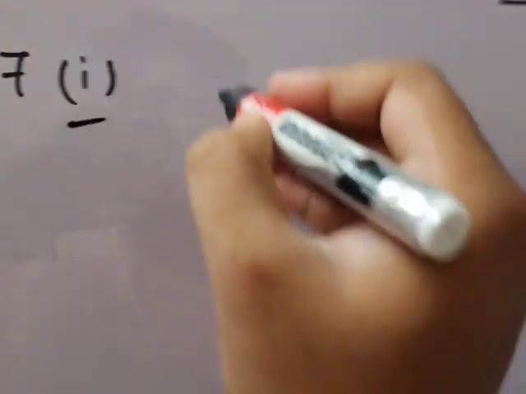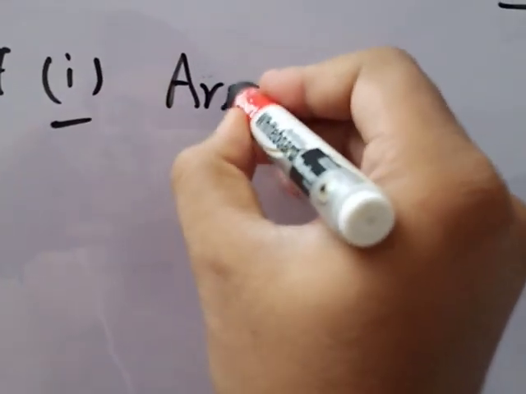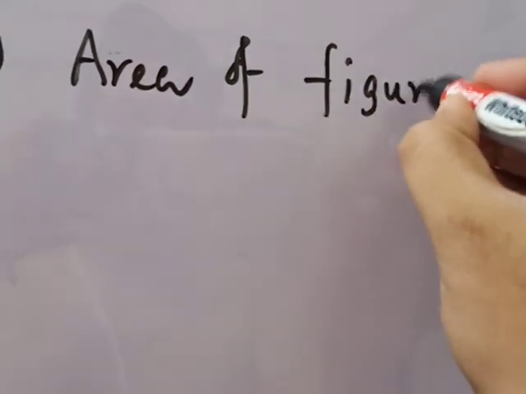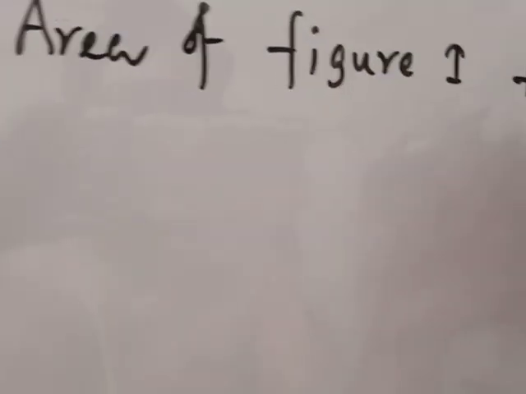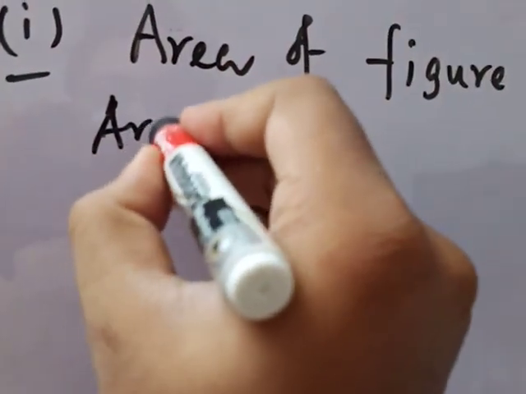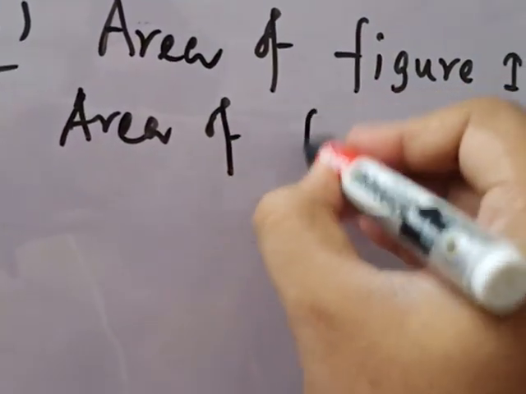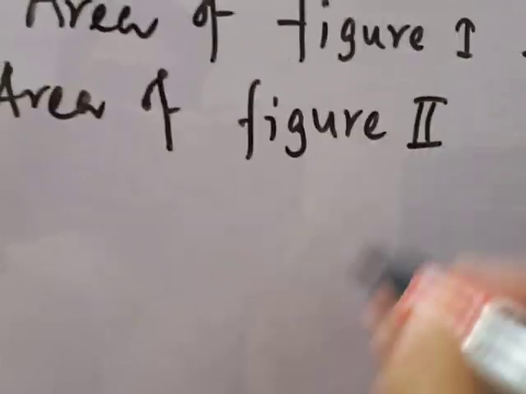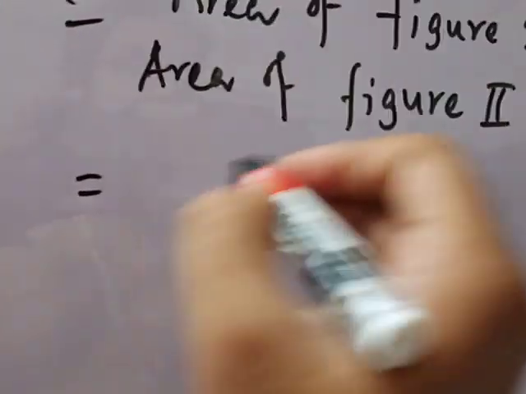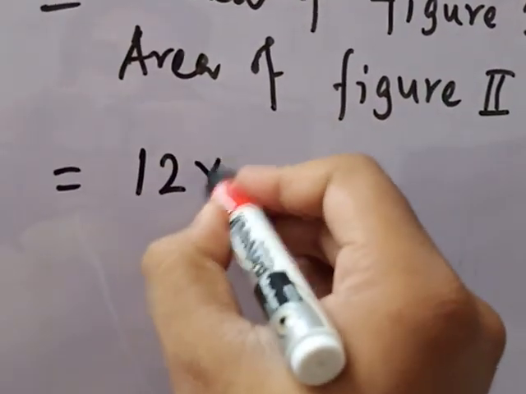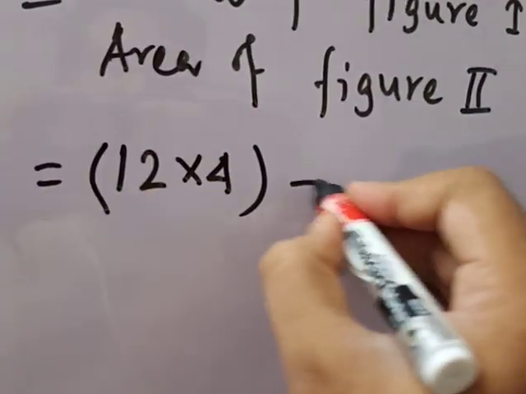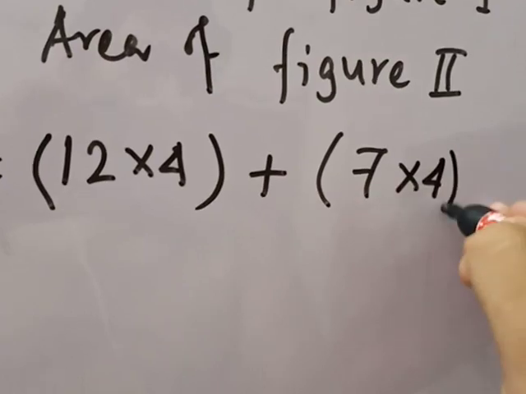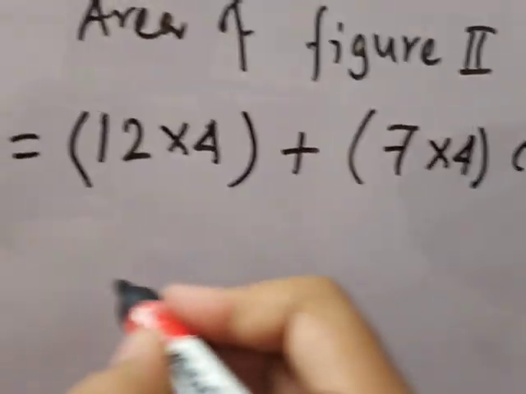Now write area of figure 1 plus area of figure 2. So that means 12 into 4 plus 7 into 4 centimeter square.